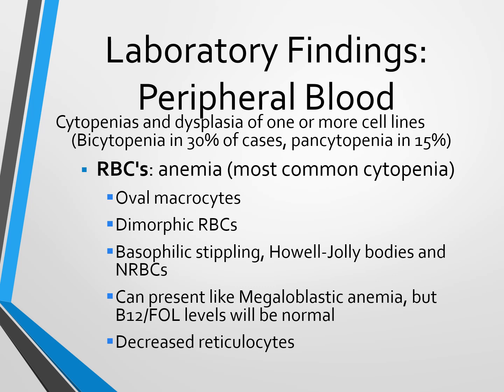So instead of just seeing reticulocytes in the peripheral blood, we may see that nucleated red blood cell because, again, our body tries to compensate for its losses, for its deficits, and that could be a reason why we have those nucleated red blood cells in circulation. It can present like megaloblastic anemia, but again, those B12 and folate levels will be normal, and we may have a decreased reticulocyte count.